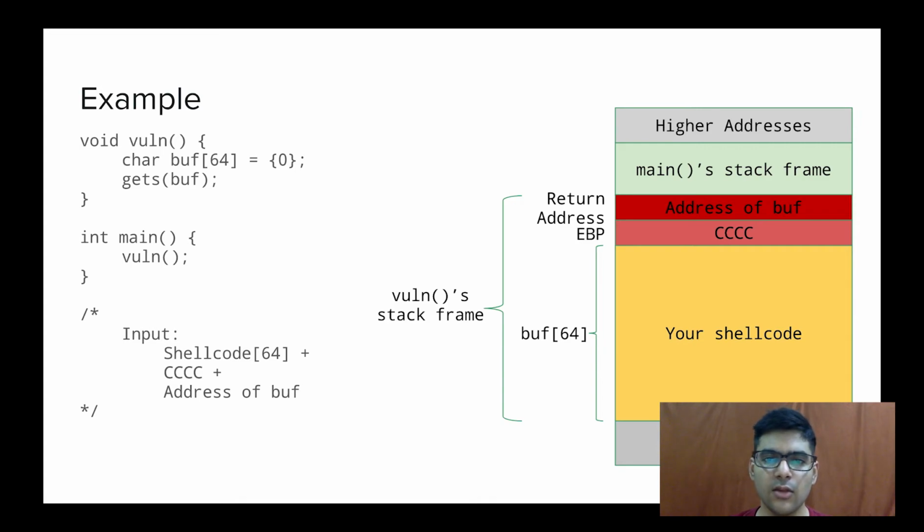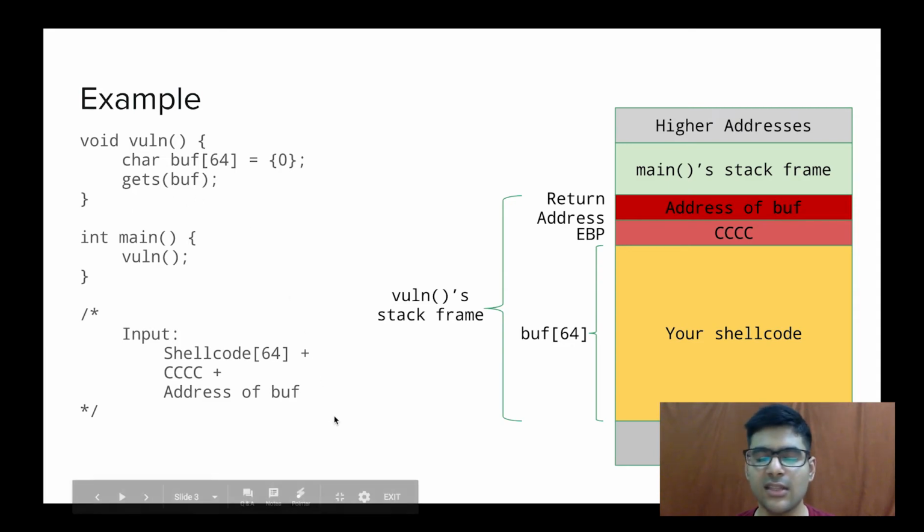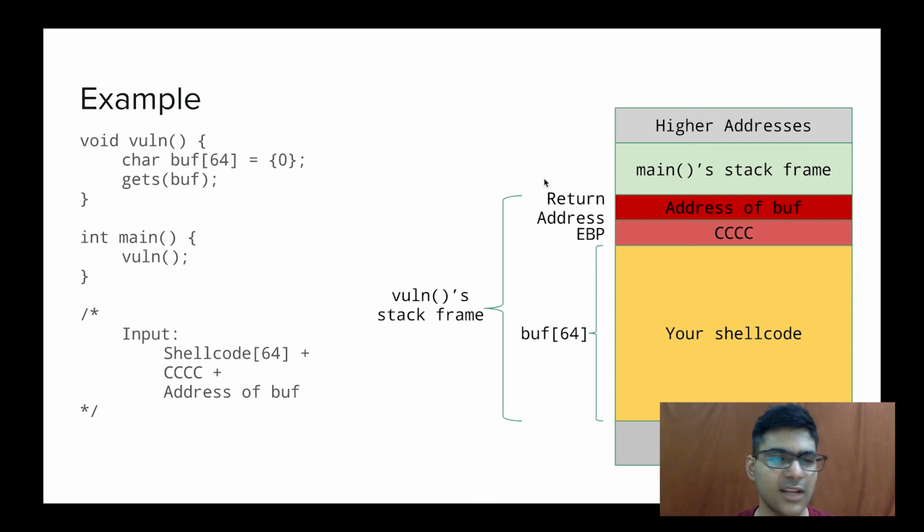You can input any number of bytes there, and it'll basically just overflow the rest of the stuff if you enter more than 64 bytes. So never use gets in your functions, and most compilers will give you a warning if you use gets. This is bad code, and hence it's getting exploited.